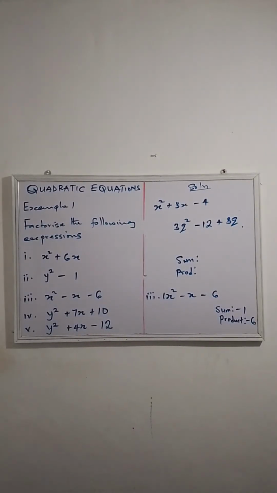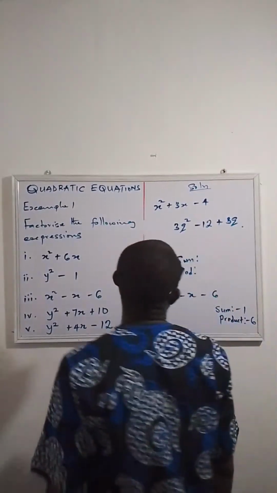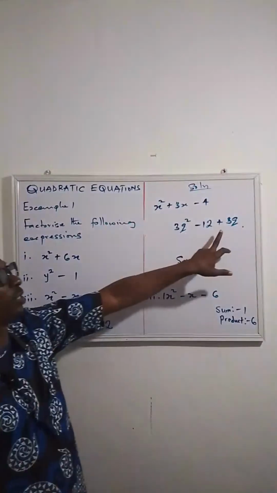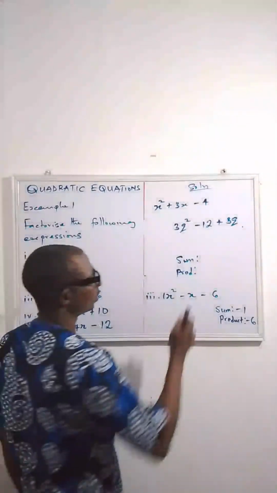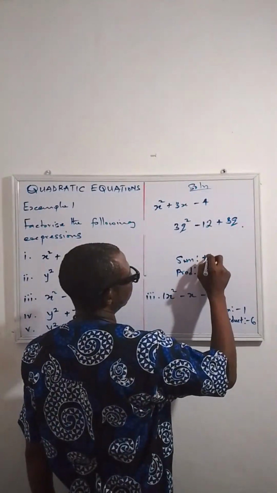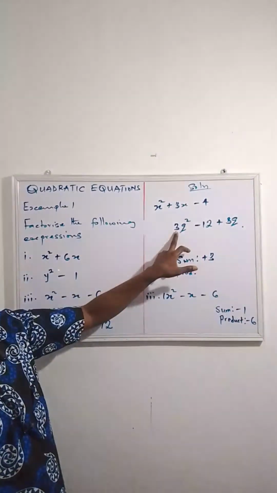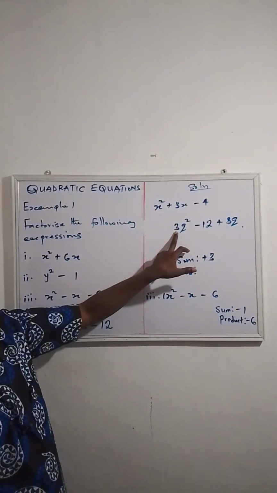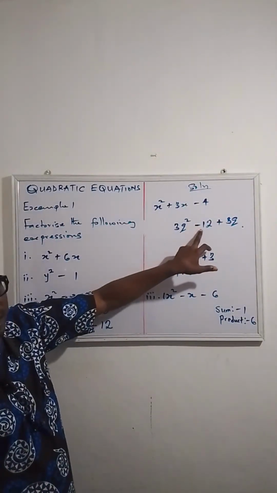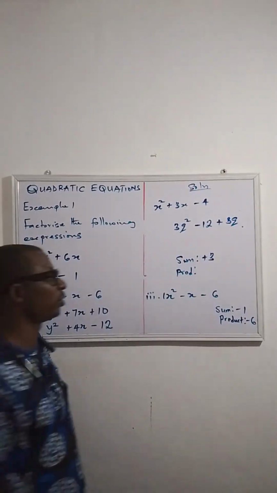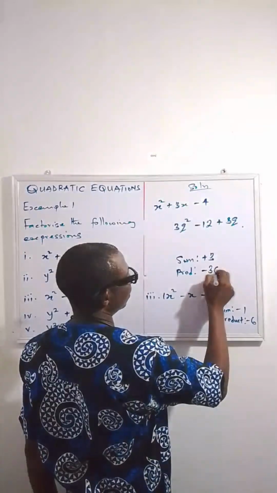All right, because of our time, let's look at it together. When you look at this, the sum is the coefficient of Q here, and that is plus 3. The product is the coefficient of Q squared multiplied by minus 12, and that gives you minus 36.